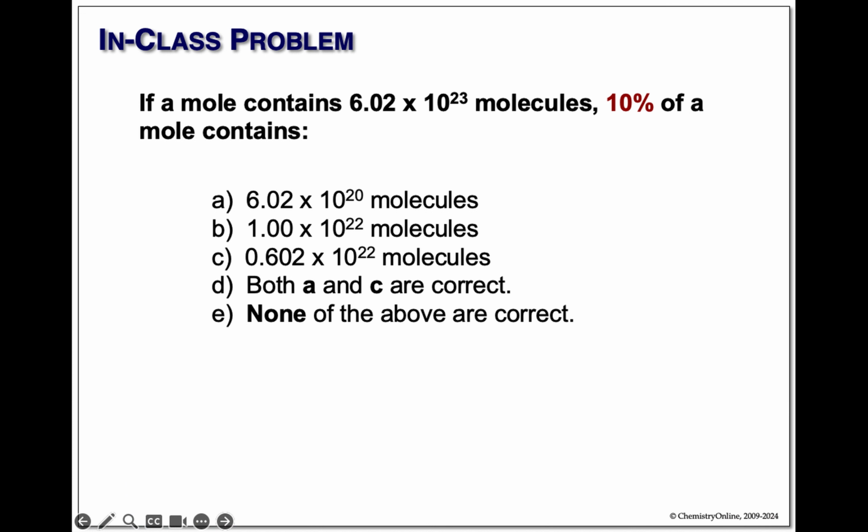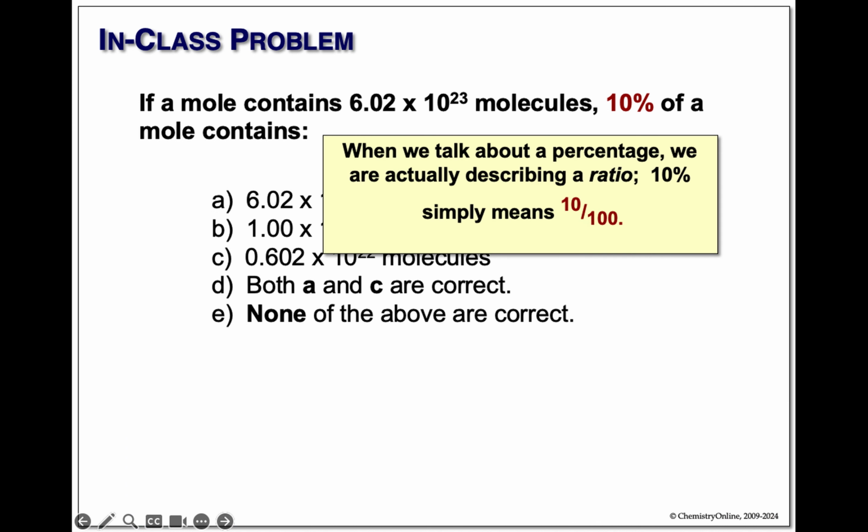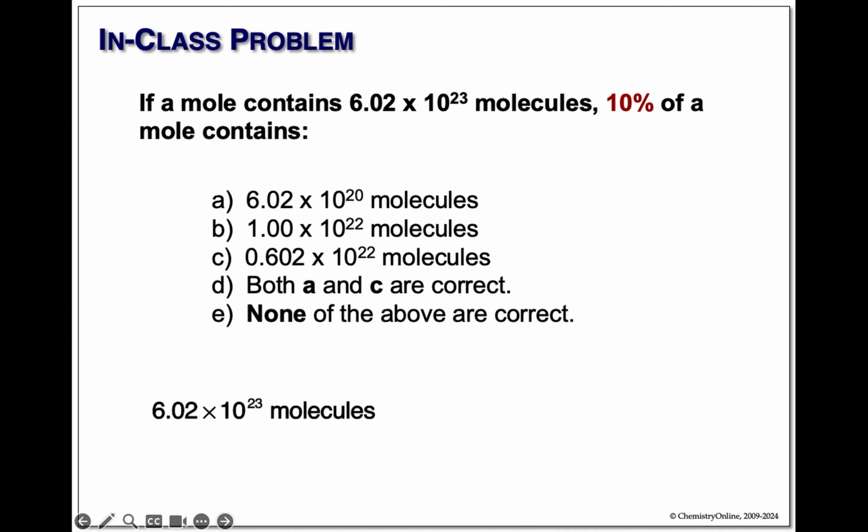Here's our given for the ratio. When you see 10%, what that means is actually 10 divided by 100. It's a ratio. So, if we take our given, multiply it by our ratio, no units, simply 6 times 10 to the 22.